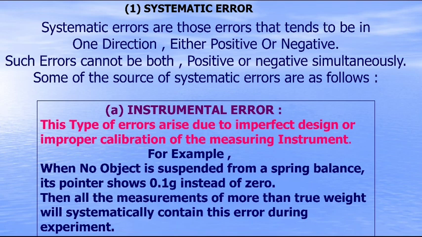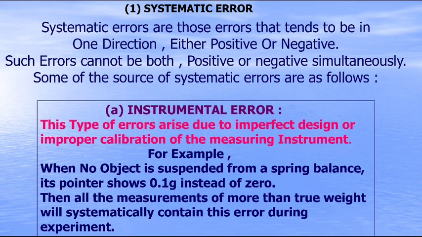So some of the sources of systematic error are as follows. 1. Instrumental error. This type of error arises due to imperfect design or improper calibration of the measuring instrument.